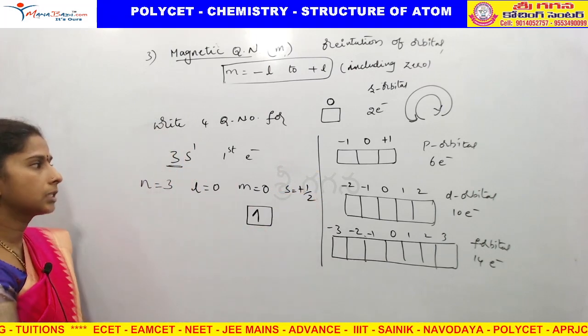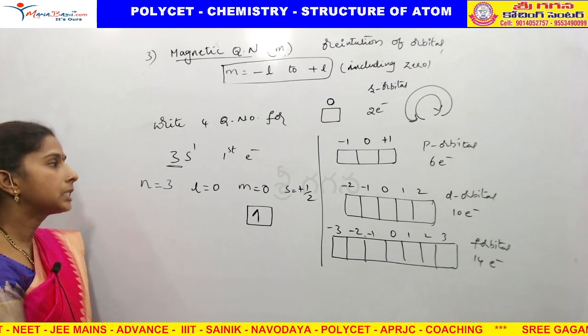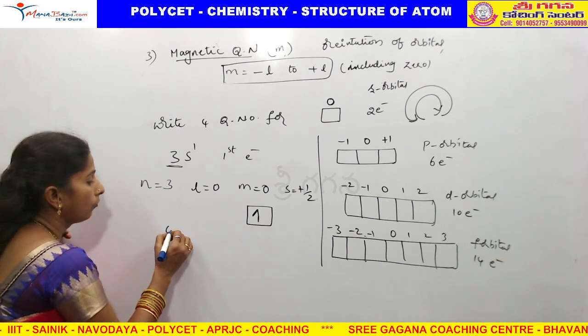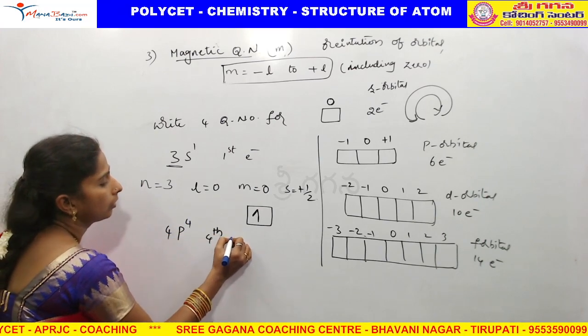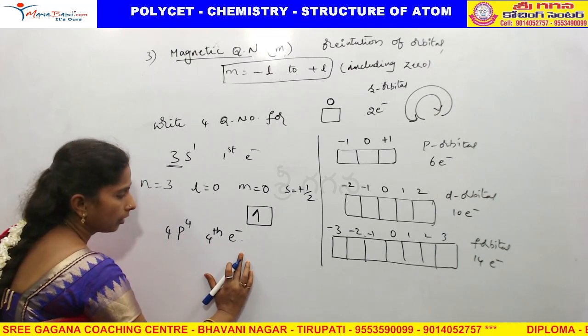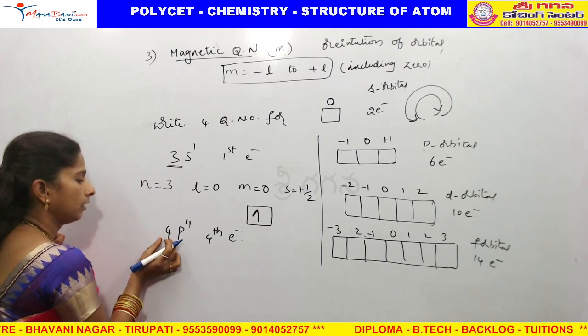I hope you understand how to write quantum numbers per electron. One more example I am going to give. 4p4, fourth electron. For the fourth electron, you need to write the quantum numbers. Obviously, n here, what is the number?